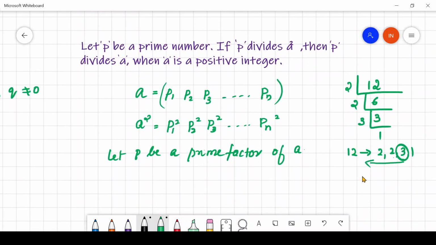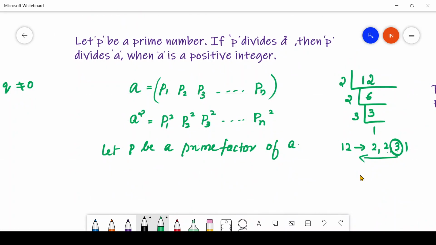So I have taken p as a prime factor of a. Can we say that p divides a square? Of course. As we have seen here, 3 can divide 12. Since p is a prime factor of a, we can say that p divides a square also, right? P is a prime factor of a square.